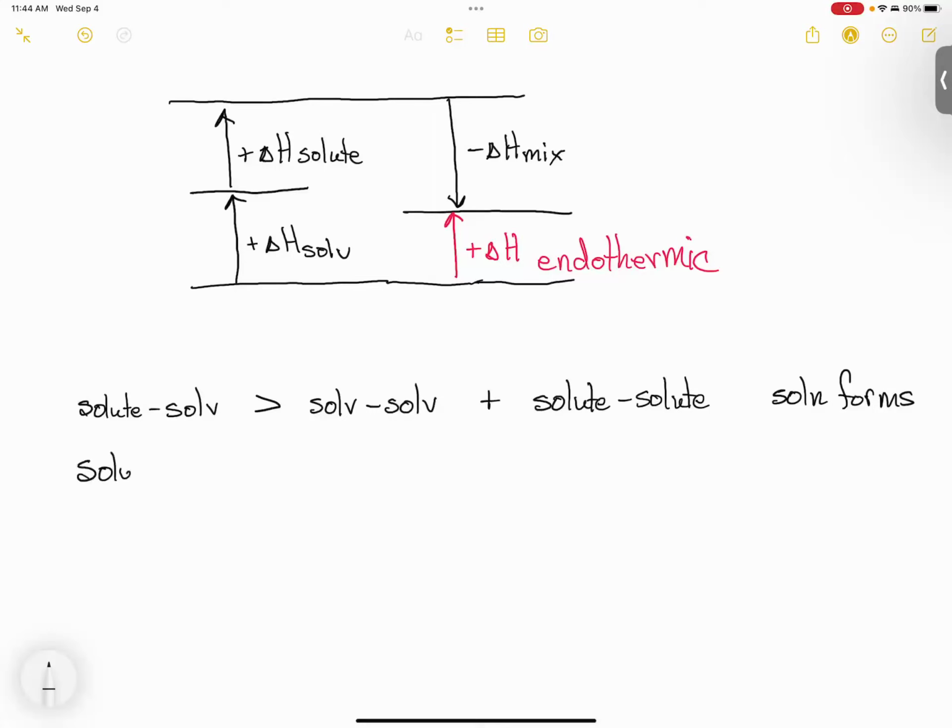Also, if the solute-solvent interaction is equal to the solvent plus solute, then a solution will form.